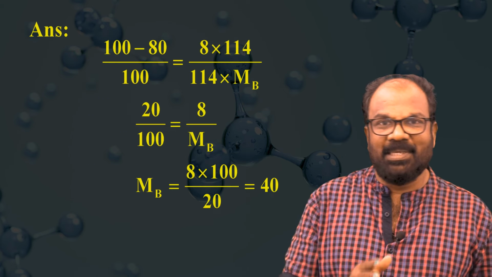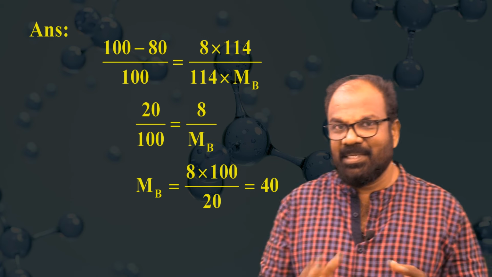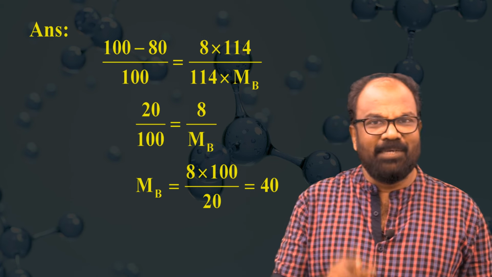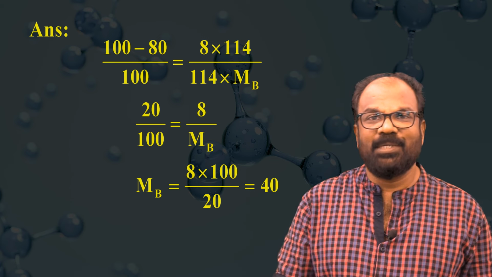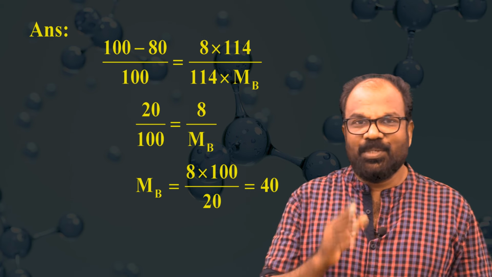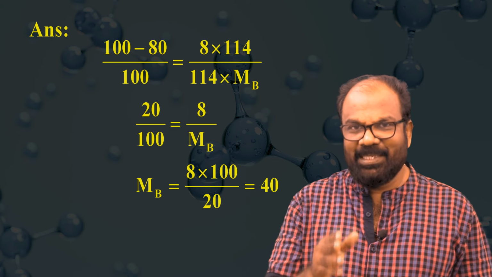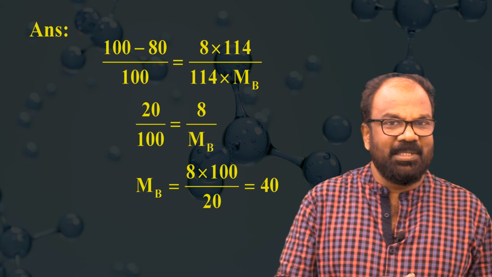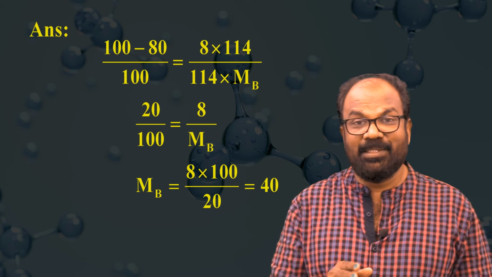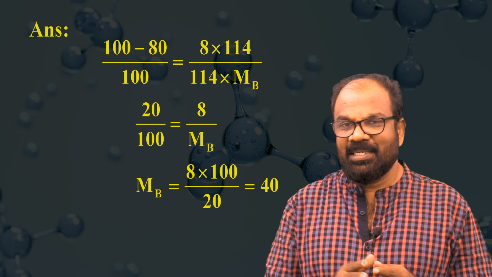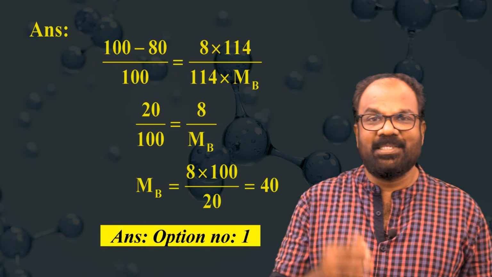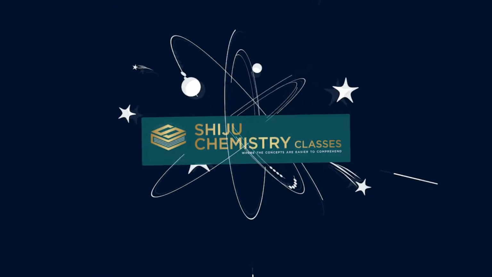That is, (100 minus 80) divided by 100 is equal to 8 into 114 divided by 114 into MB. That is 20 divided by 100 is equal to 8 divided by MB. So molecular mass of solute MB is equal to 8 into 100 divided by 20, that is equal to 40. So here the answer is option number 1.